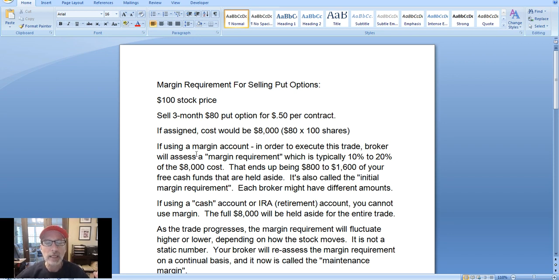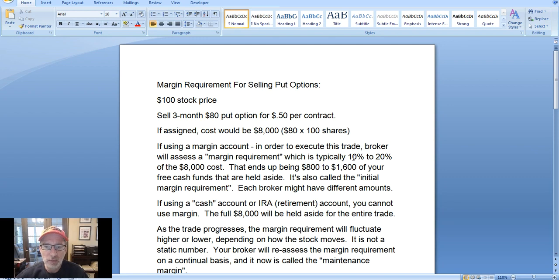And that's what's called a margin requirement. And if you trade options in a margin account, you will have a margin requirement when you sell put options. And how much is that fraction then? Well, most brokers today typically ask you to hold aside 10% to 20% of that full cost value.